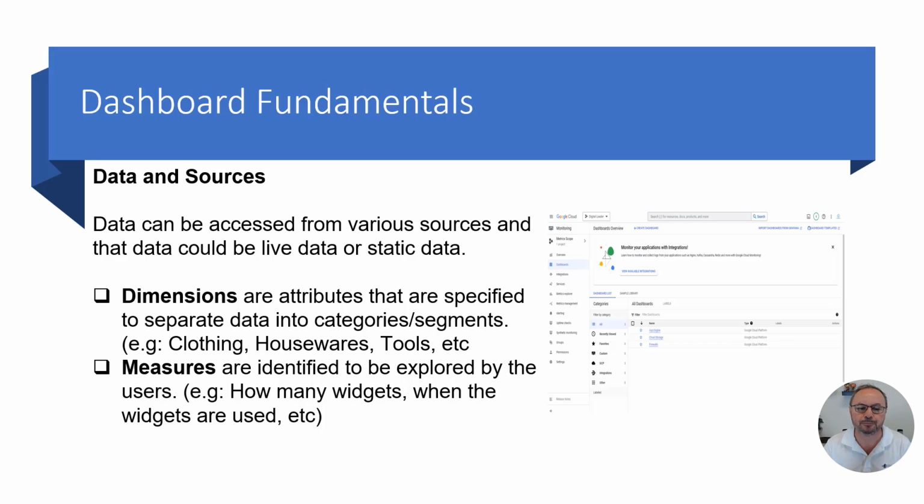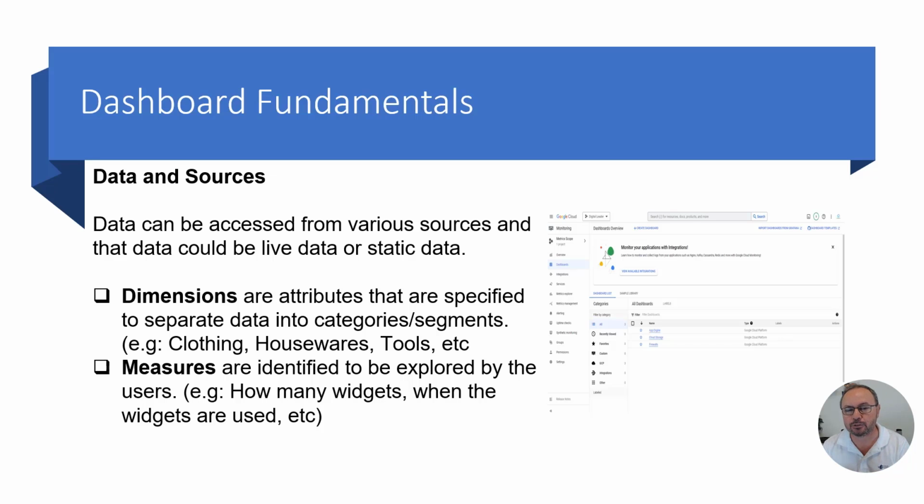Now, when we're considering the Data Plus exam, I want to point out that there's really two terms here that we want to make sure we understand but don't confuse. First is dimensions. This is an attribute that is going to separate data into categories or segments.